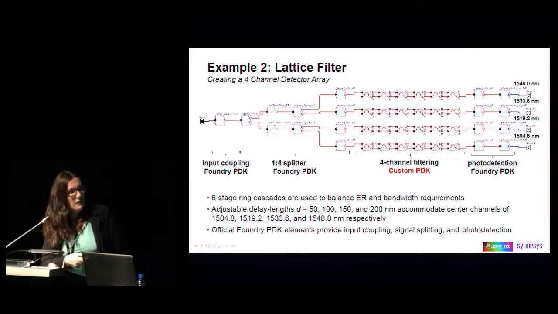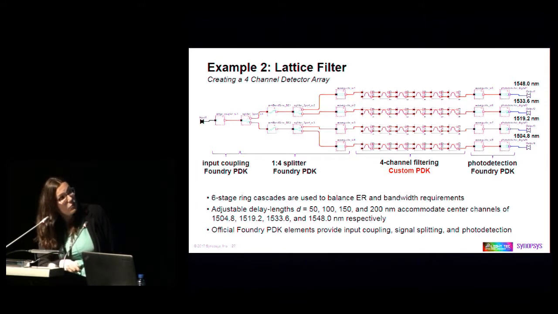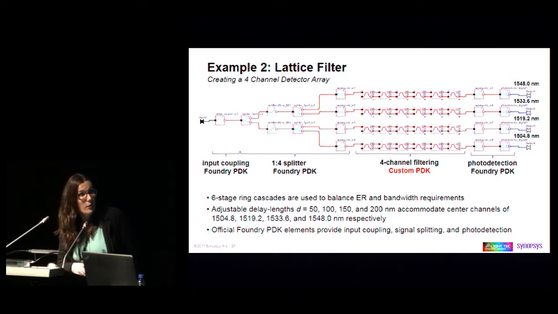And it doesn't matter which foundries we are using at that stage, by the way. So we have our source, the filter, and we also place the sensor part, so the photodetection. And again, we are using a component from the foundry.